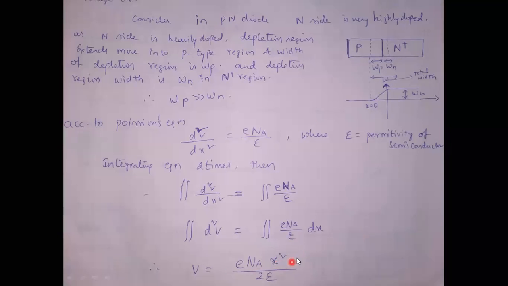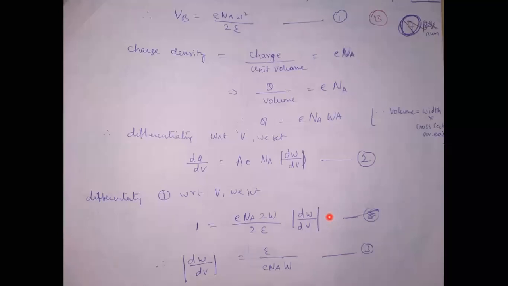So VB will be equal to ENA W square by 2 epsilon.